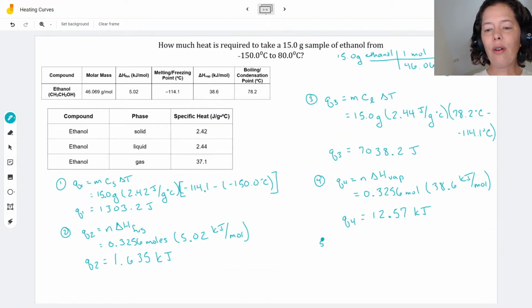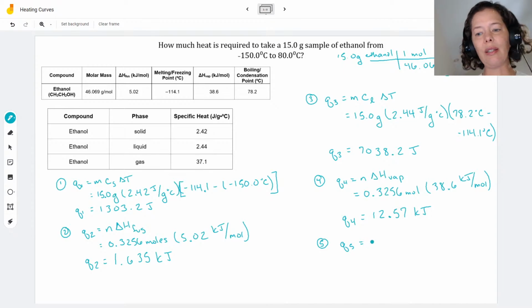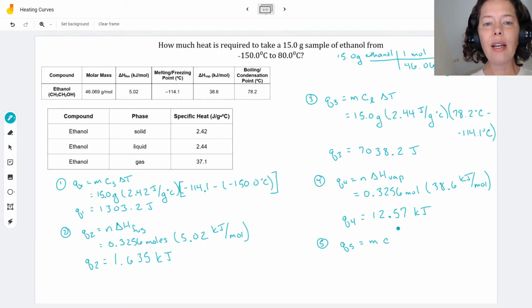Okay, so step 5, our Q5 is, again, we go back to Q equals MC delta T because we have a temperature change here, not a phase change. And for this one, remember, we are in the gas phase, so we want our specific heat to be the specific heat for the gas. So if I come down to my specific heats, you can see my specific heat for the gas is actually much larger.